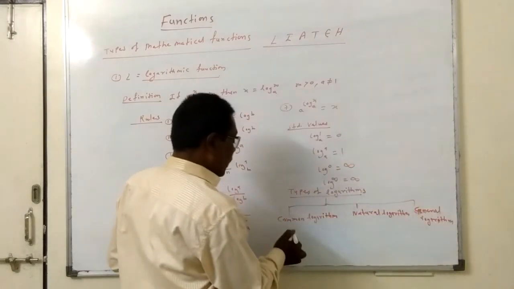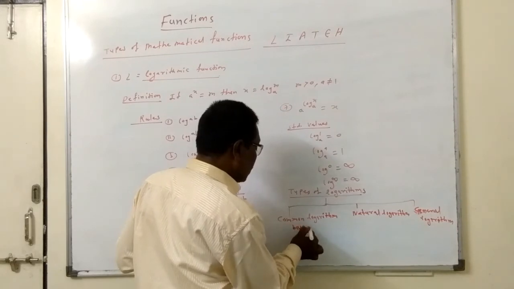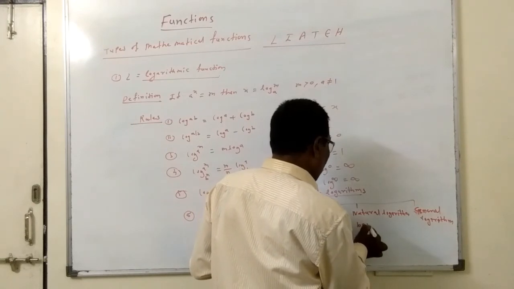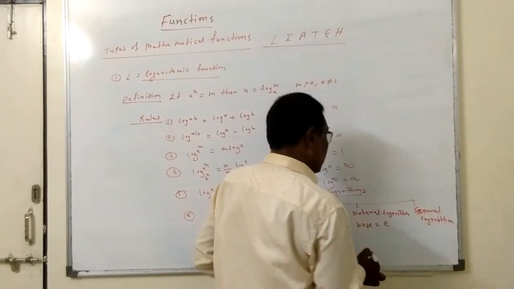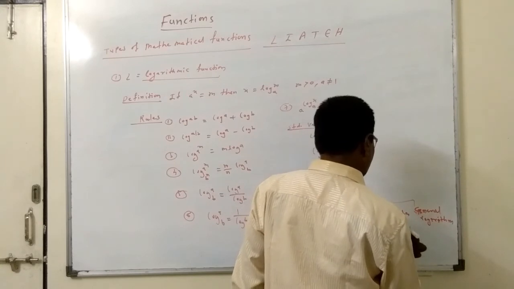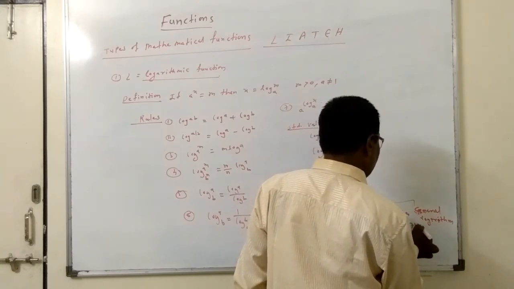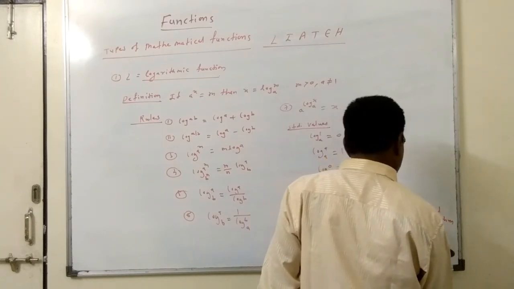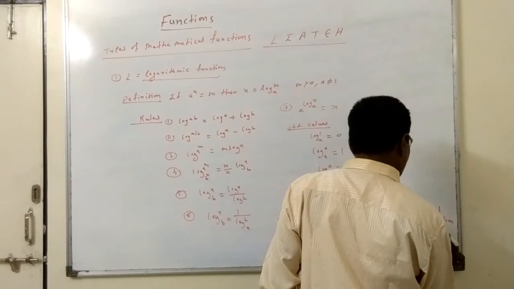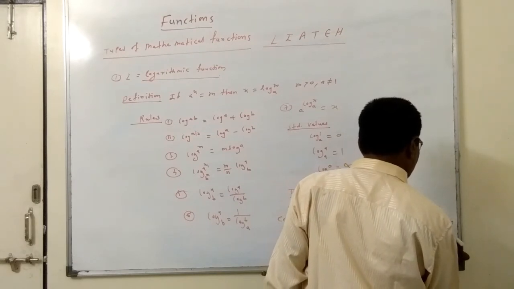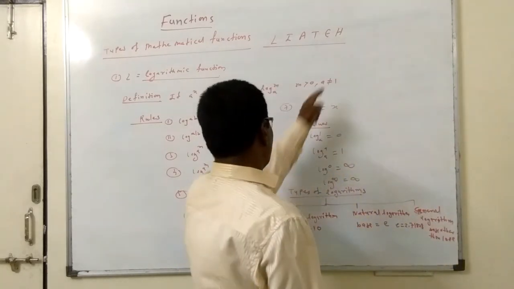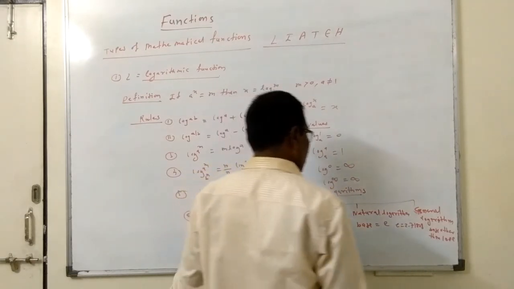In the common logarithm the base is equal to 10. In the natural logarithm the base of log is always e. The value of e is a constant, 2.71828. In the general logarithm the base is other than 10 and e. Again, you know this base is not equal to 1.